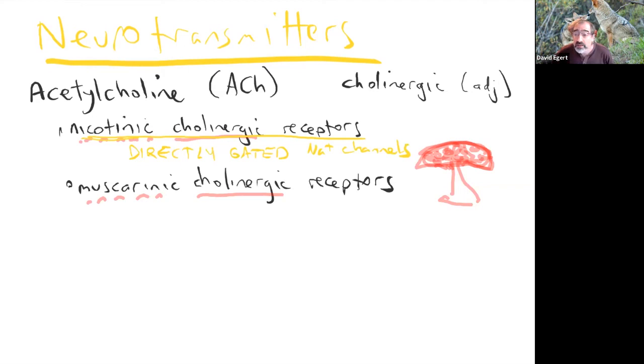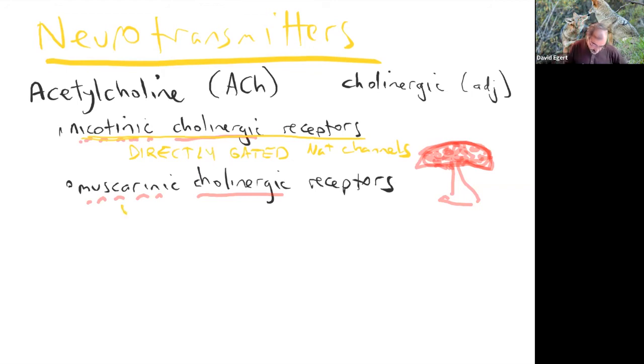So when we see something that has nicotinic cholinergic receptors on it, we know that there's only one thing that's going to happen. If the receptor binds acetylcholine, we're going to have the cell depolarizing as sodium comes in. So these are one-trick ponies. We're going to find these on skeletal muscle, and in a variety of other places in the nervous system.